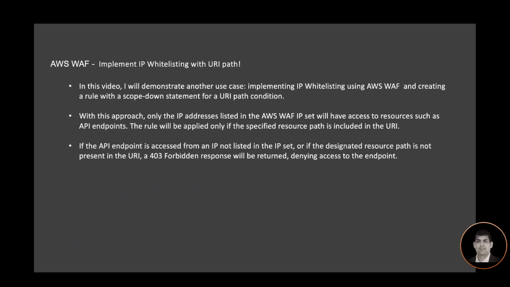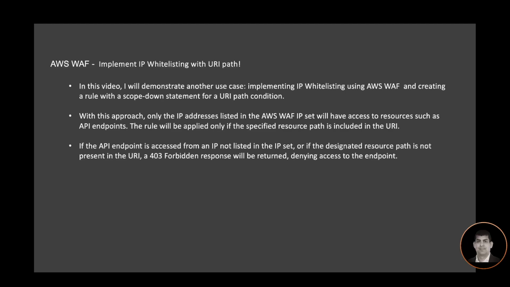In this video, I will demonstrate another use case, implementing IP whitelisting using AWS WAF and creating a rule with a scope down statement for a URI path condition. With this approach, only the IP addresses listed in the AWS WAF IP set will have access to resources such as the API endpoint.